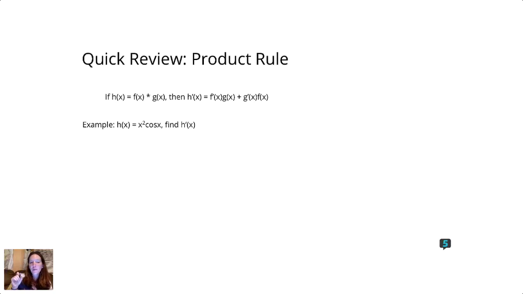I'll give a quick review of the product rule. So we're learning the chain rule today. There's a few different rules with derivatives that help us take derivatives of complicated things a little easier. One of them is the product rule. This is what we use every time you have a product, basically a function times a function. And your teacher is going to initially give it to you as this big, long, complicated thing.